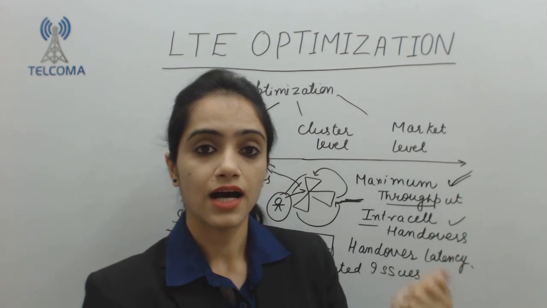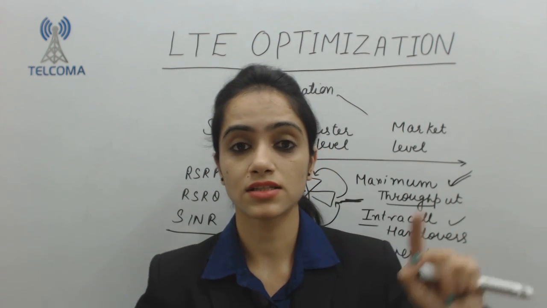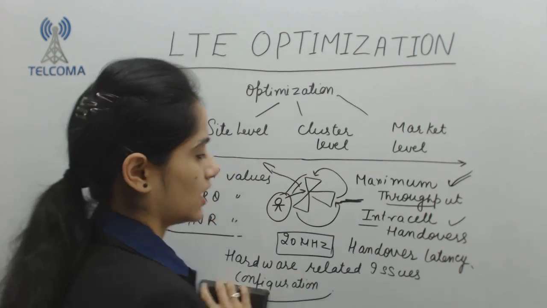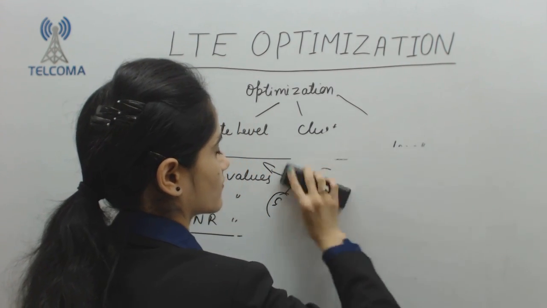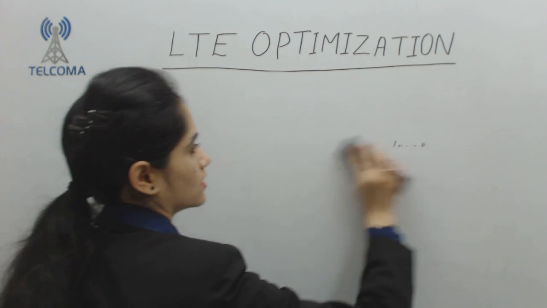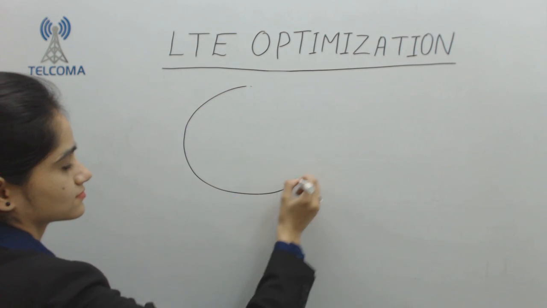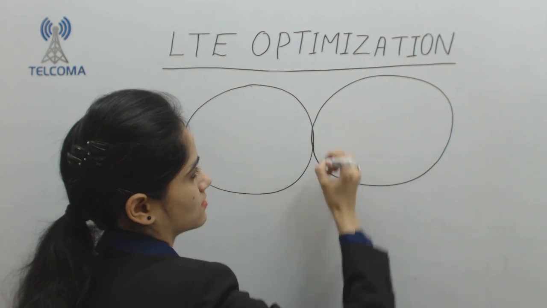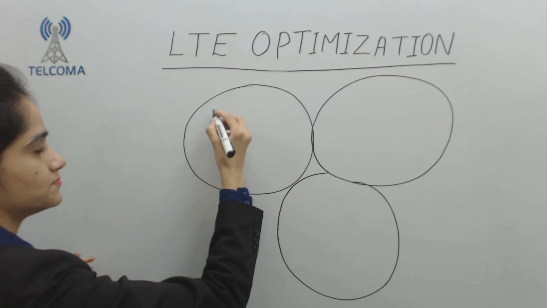After testing all the sites in the network, we require a single cell function test of each and every site in the whole network. After the single cell function test, we have cluster level optimization.